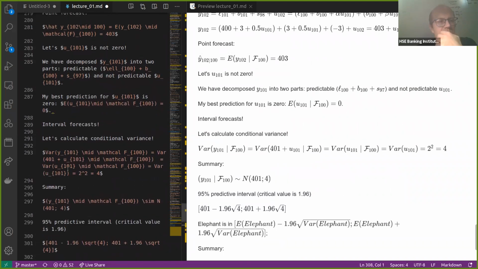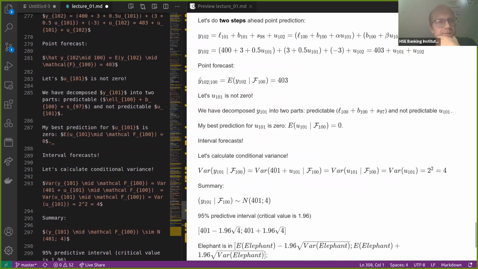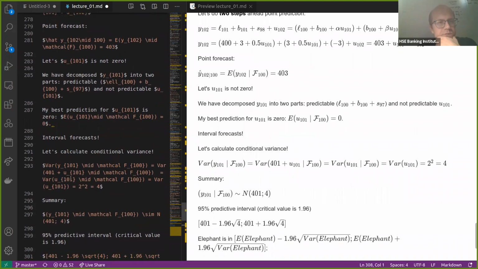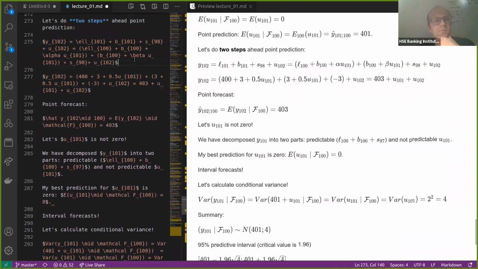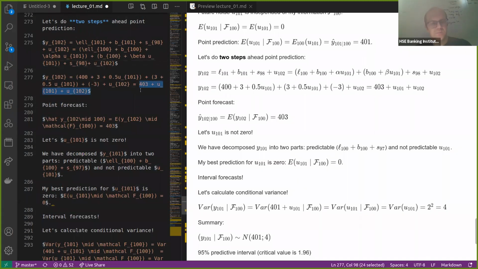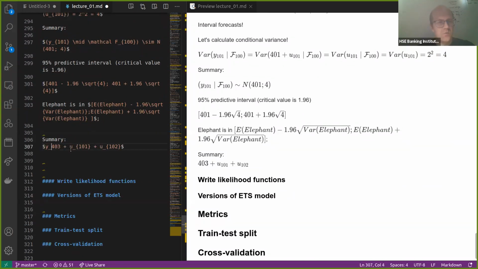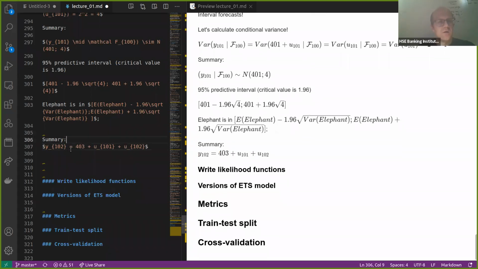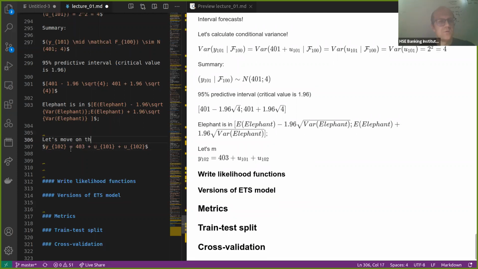I will just copy it for 101. Yeah, here is the formula. I need this formula. U102, we have proven that. Let's move on to 2 steps ahead forecasts.